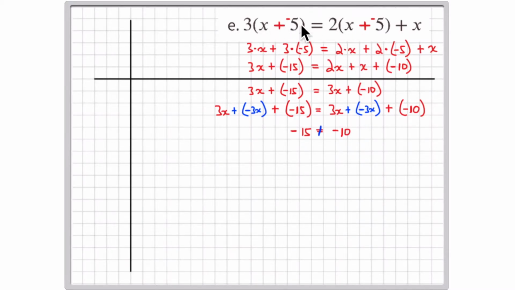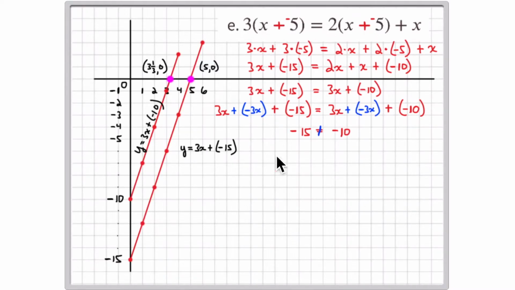There's no value of x that you can use to make this equation true. And what that means visually is that on each side, each expression, you have parallel lines. Y equals 3x plus negative 10 crosses the y-axis at negative 10 and has a slope of 3. And y equals 3x plus negative 15 crosses the y-axis at negative 15 and also has a slope of 3.